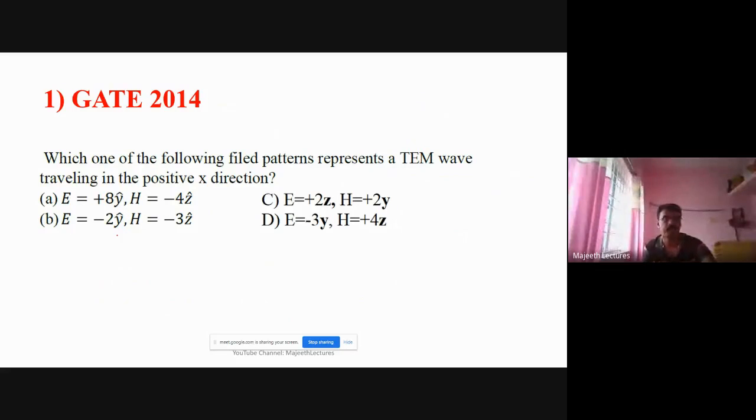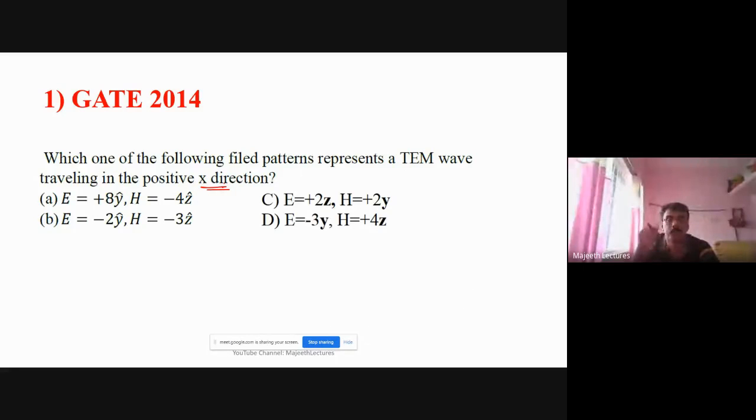So next we talk about wave propagation. Here you see, which one of the following field patterns represents a TEM wave traveling in positive x direction?